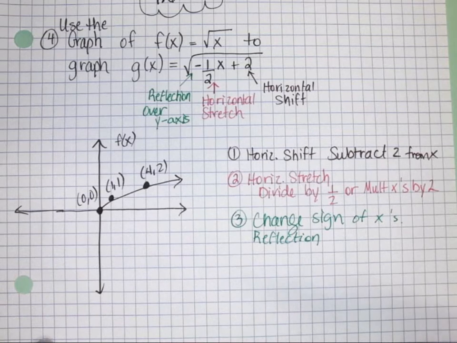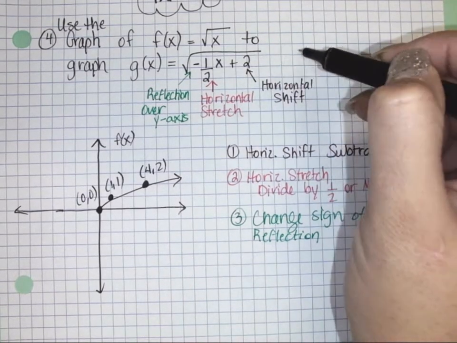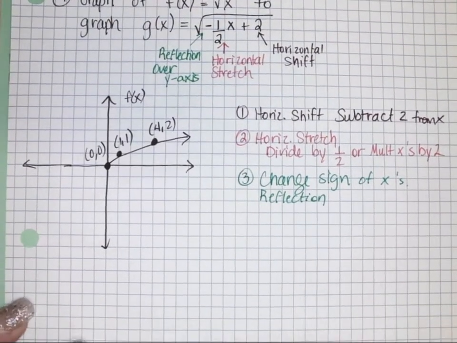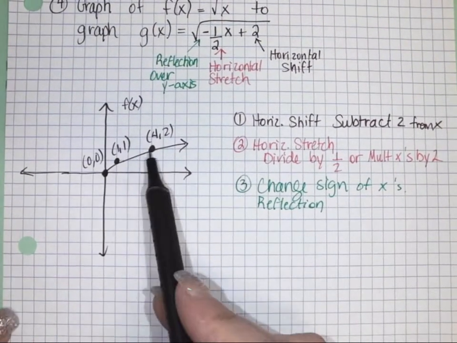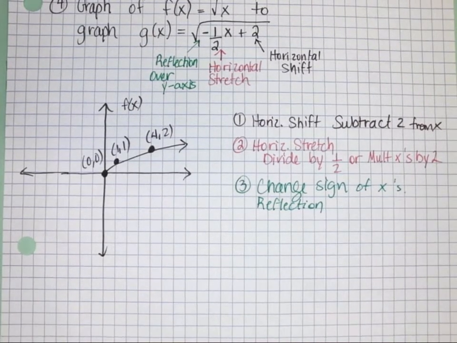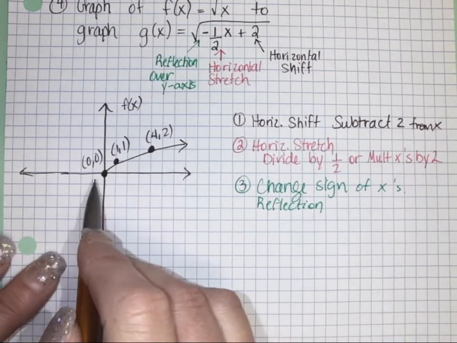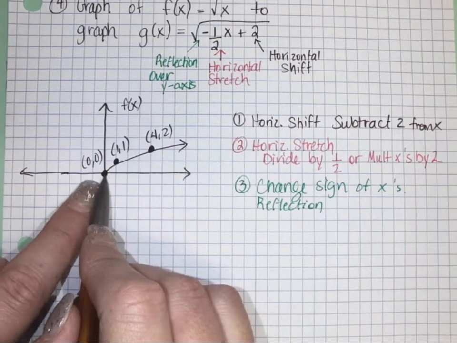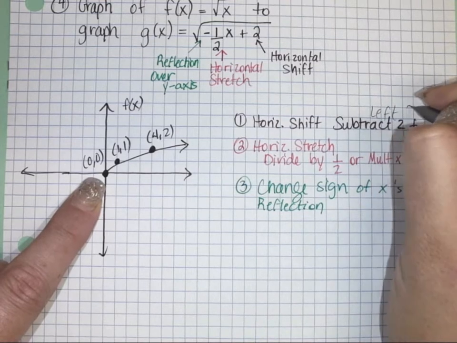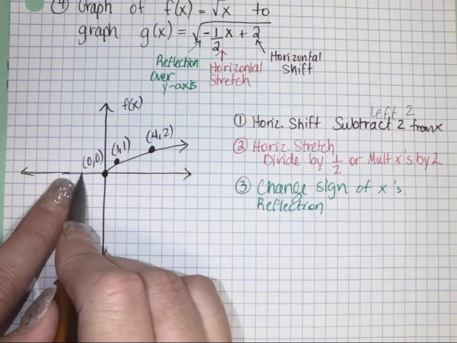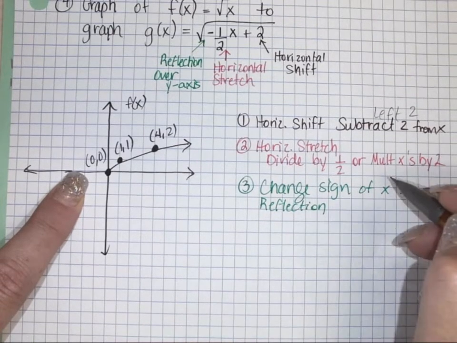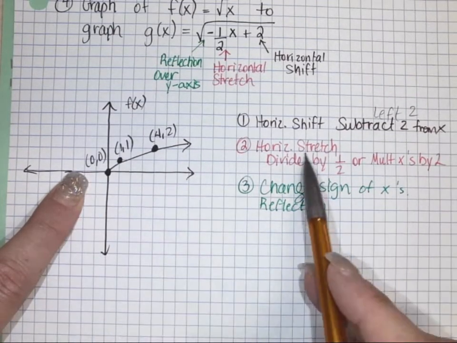If there was a vertical shift, you would see a number outside the square root added or subtracted at the end, but there's not. Okay, so let's take these 3 original points and apply these 3 steps and see what we get. If I start here and I take this point and I shift it left 2 places, then I'm here, and then I'm going to divide my x coordinate by 2.